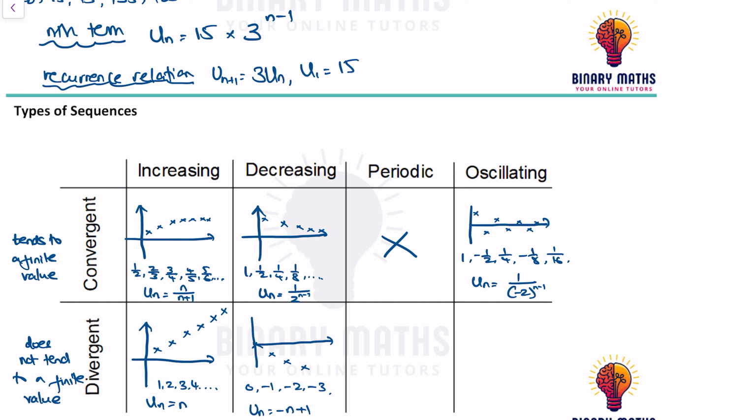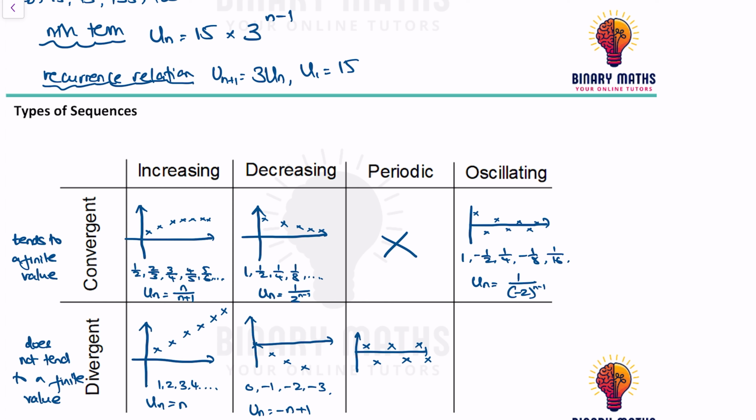Okay, a periodic and divergent means it doesn't tend towards a limit and it's going up and down, obviously. So it might be 1, 0, minus 1, 0, 1, so on. Oh, actually, let's look at a better example that I can give, because it'd be easier to define: 1, minus 1, 1, minus 1, so on.